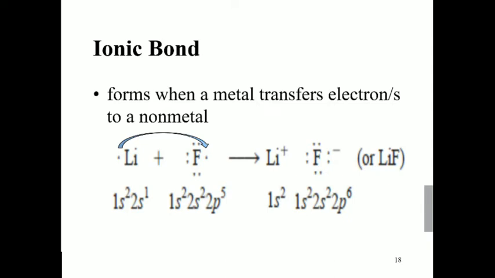So the transfer of electron is from lithium to fluorine. One electron is transferred from the atom of lithium to the atom of fluorine, resulting in formation of positive lithium and negative fluorine ions to form the ionic compound lithium fluoride.